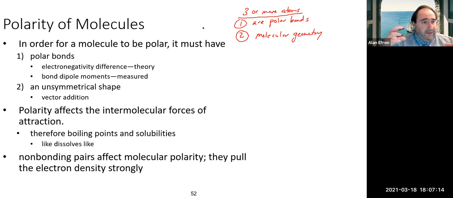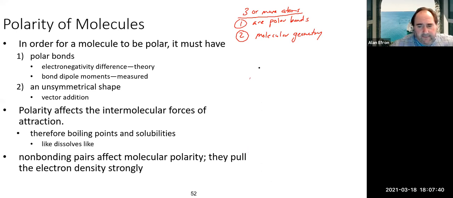If people pull equal and opposite of each other, they're not going to do anything. If people pull unequal to each other, you're going to see a lot of movement happening. So let's take a look at a very common example of molecular polarity and work through how we get to the answer.